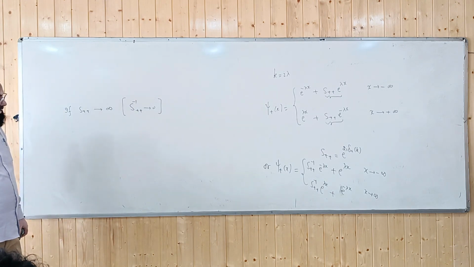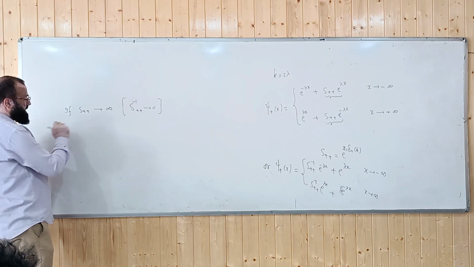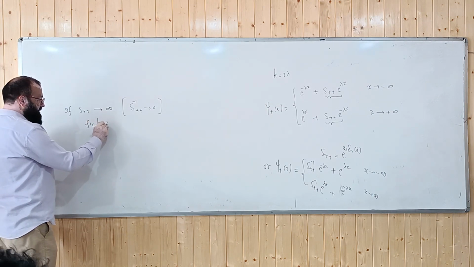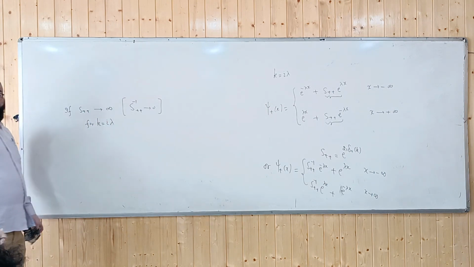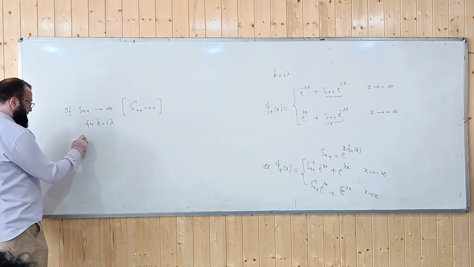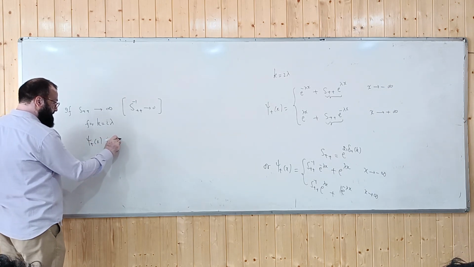So the first term goes to 0, the second term as well goes to 0, so I am having a normalizable solution. When is this possible? It goes to infinity for k equal to i lambda. Got it? Then this psi plus of x is normalizable.